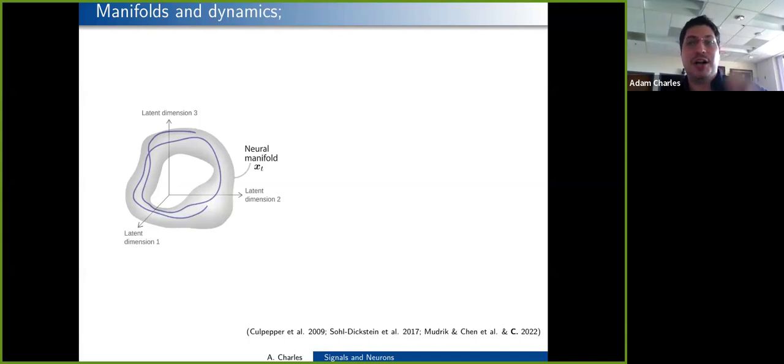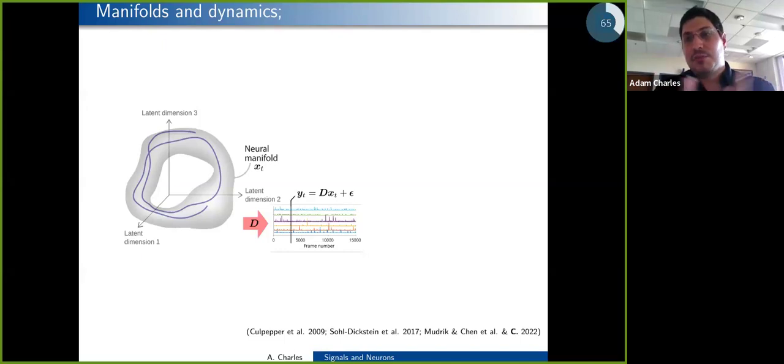If you follow the trajectories in time, they lie on this low-dimensional but nonlinear surface. Where the surface comes from, we can debate. All I'm asking right now is if you do believe in it, that's great. If you don't, suspension of disbelief for a second.